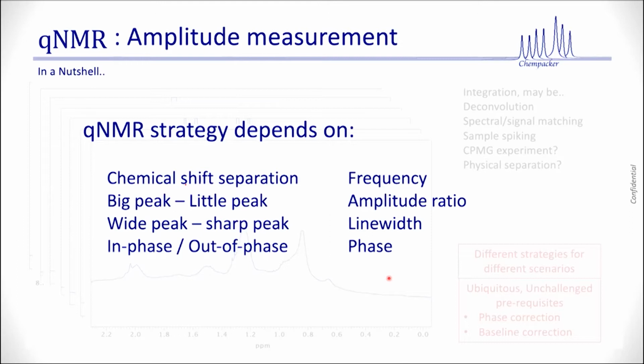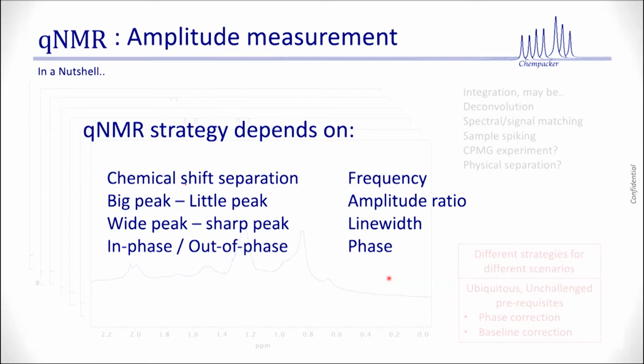So in principle, the QNMR strategy, meaning I am generating amplitude or integral or quantitation, which is one of the properties of NMR, depends upon chemical shift separation, meaning frequency; big peak, little peak, meaning amplitude ratio; wide peak, sharp peak, meaning line width; in phase, out of phase, meaning phase.